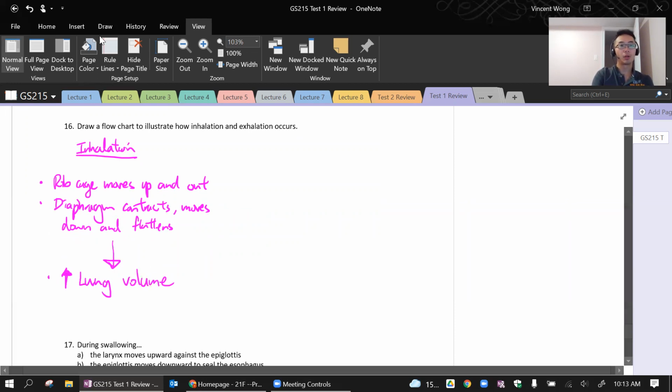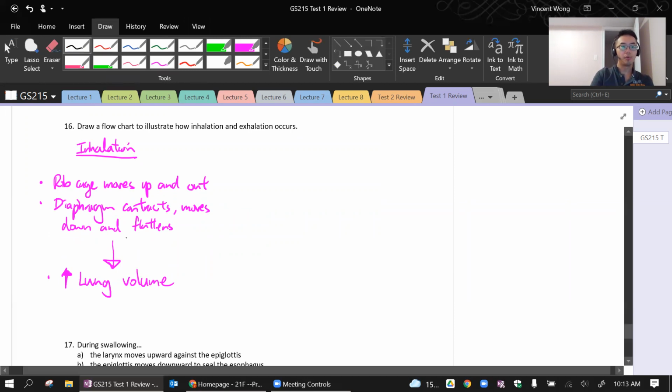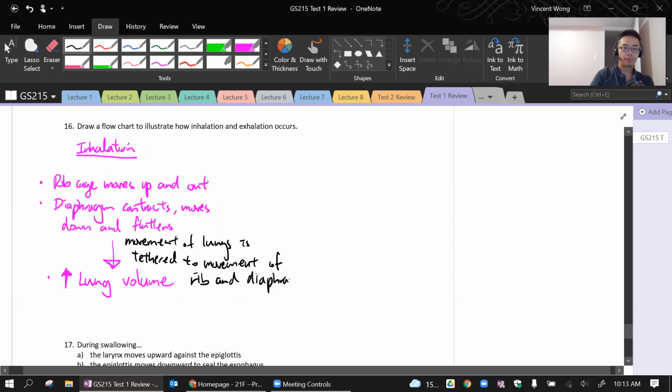right? Because of the pleura, right? So the movement of lungs is tethered to movements of rib and diaphragm because of pleura.